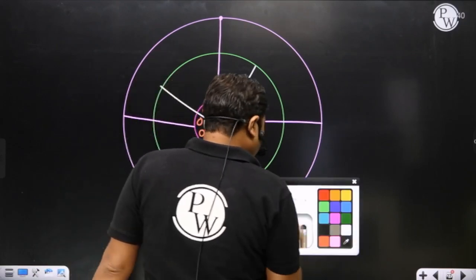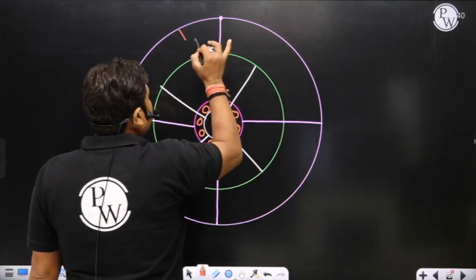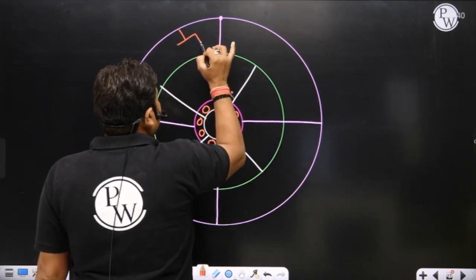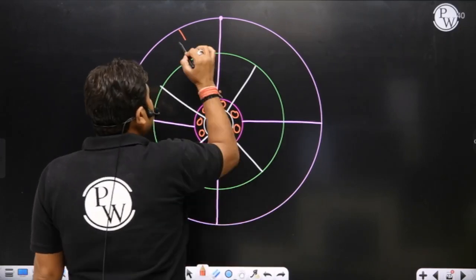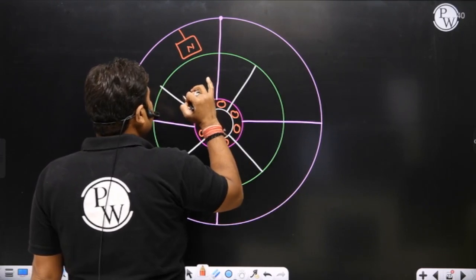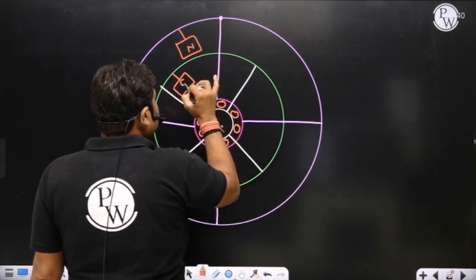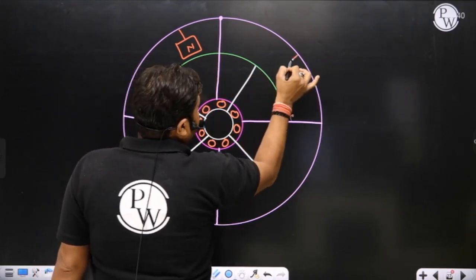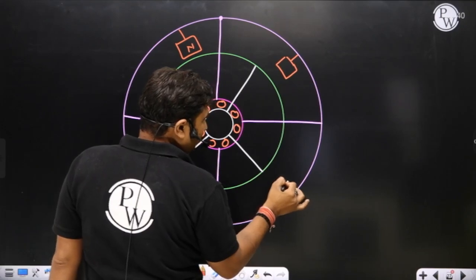Now I am going to hold some permanent magnets here. Just to show you, please observe. Please try to understand. I am going to show you some permanent magnets here, with polarity of north on the downward side. And there is one more magnet here having south. These are the permanent magnets.